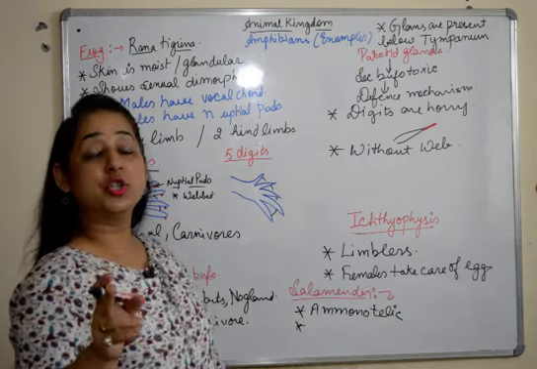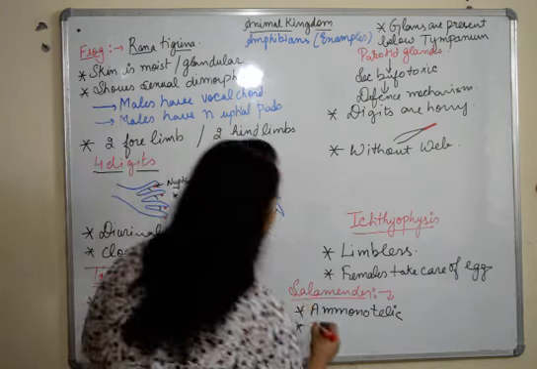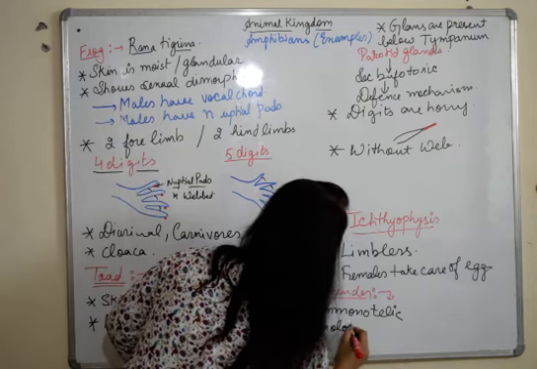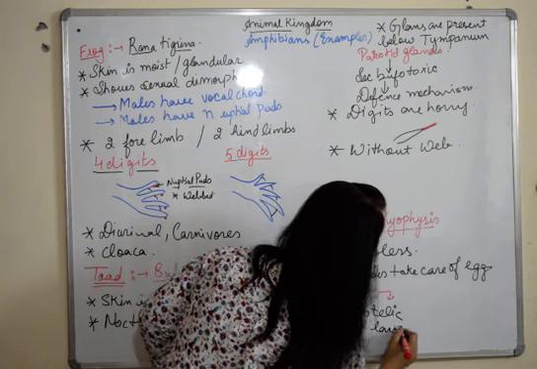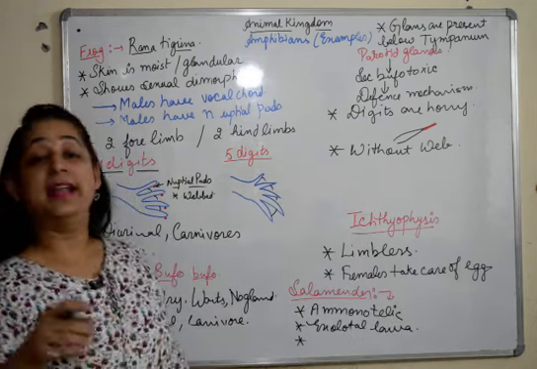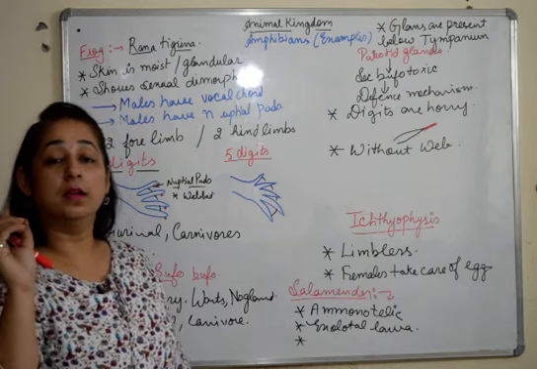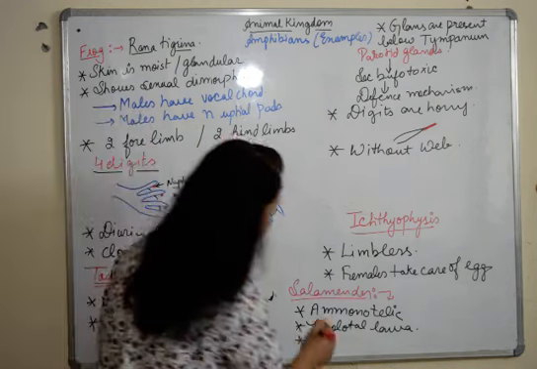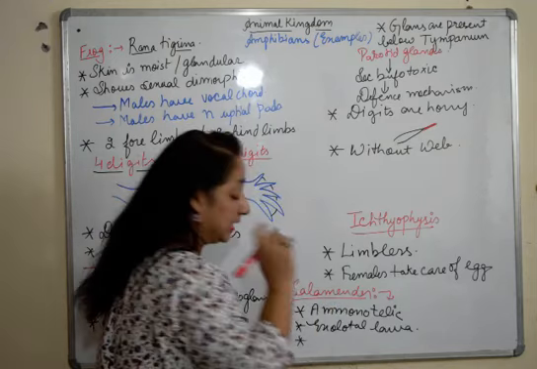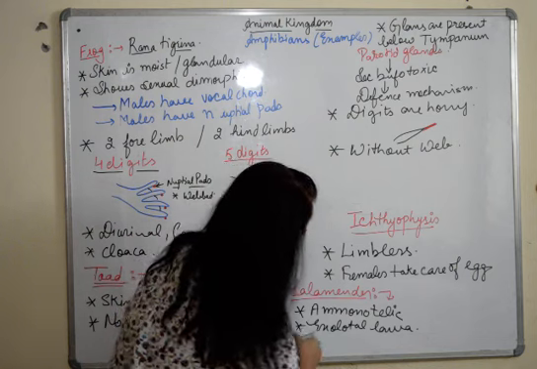Then it does not show tadpole larva, it has axolotl larva. Axolotl larva is produced by salamander. Basically it is found in water.